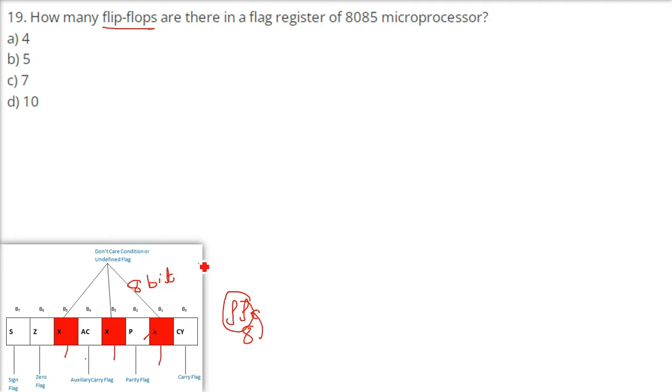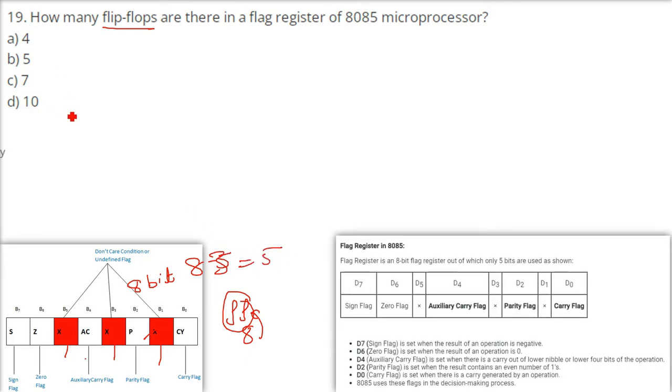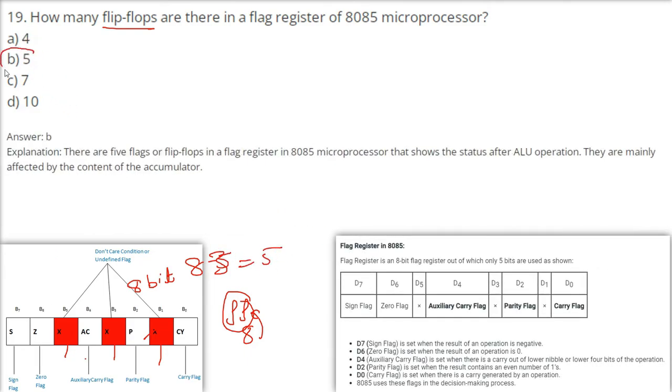B1, B3 and B5 are not used. So if 3 are not used out of 8 bits, 5 are there. So there are 5 flags or flip-flops in the flag register of the 8085 microprocessor that show the status of the arithmetic logical operation. They are mainly, not always, affected by the content of the accumulator.